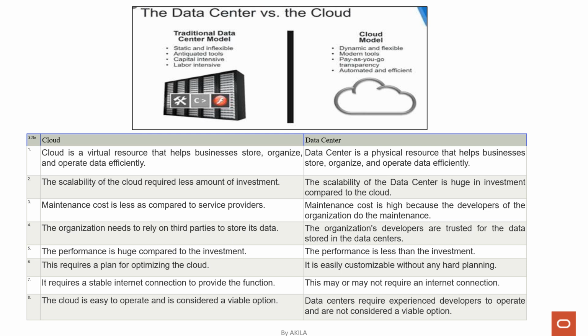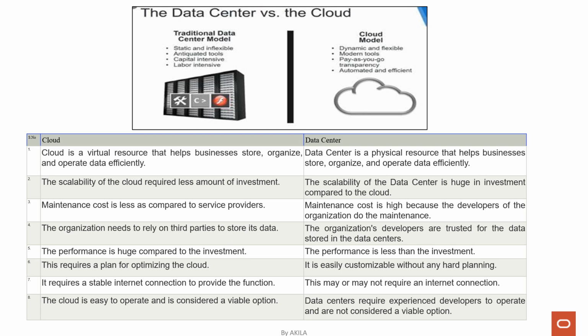Cloud is dynamic and flexible. On that basis, these are the differences. Cloud uses virtual resources, but a data center is a physical resource. And scalability-wise, less investment is necessary for cloud, because within the cloud I can place a number of data centers, but that is not possible in a data center.